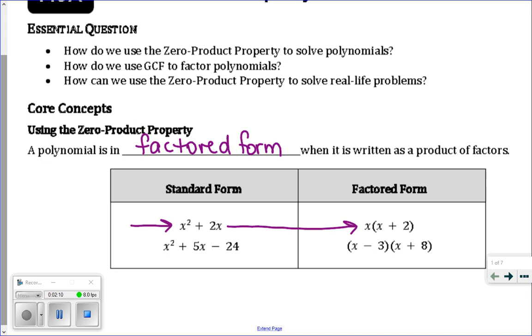So when we first started this whole polynomial chapter, we talked about distributing and FOIL and techniques where we could multiply stuff together and get it to look like that. And then over the last couple of days, we've been going in the other direction, taking stuff that is in standard form and dividing it out back into the separated factors. The reason we do that is because this factored form is going to be really important when we're solving. Okay?